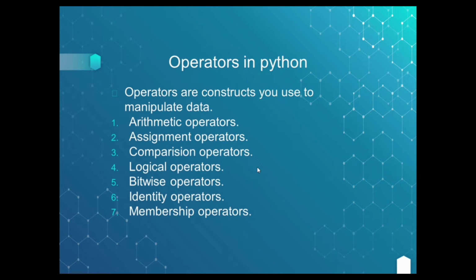Operators in Python. As I have said, operators are constructs you use to manipulate the data. If you want to manipulate the data, you must learn about these 7 operators in Python, such as arithmetic operations, assignment operations, comparison operations, logical, bitwise, identity, and membership operators.